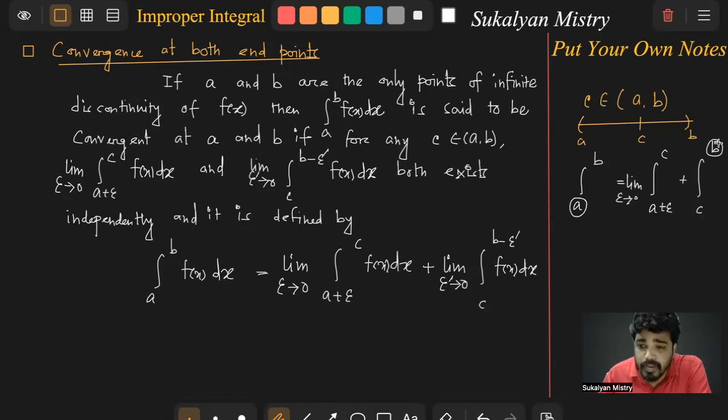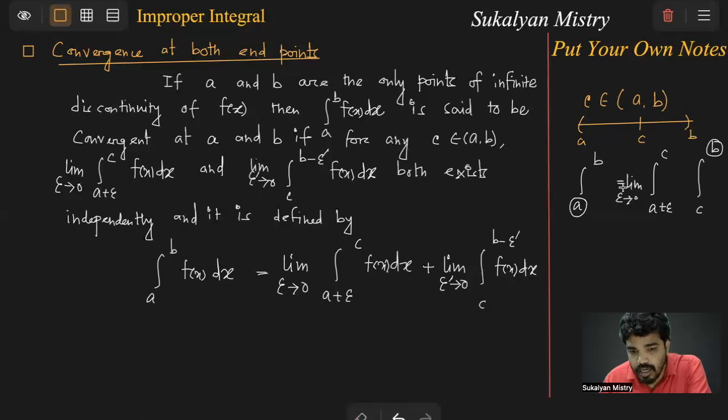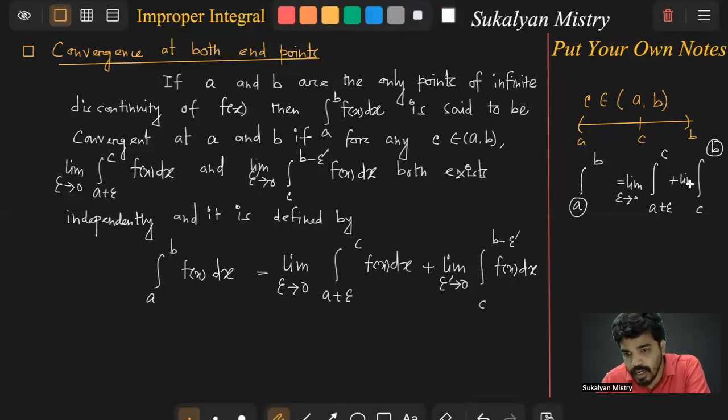Here b is the right end point of discontinuity, so we can write limit epsilon dash tends to 0, b minus epsilon dash. Did you understand the technique?